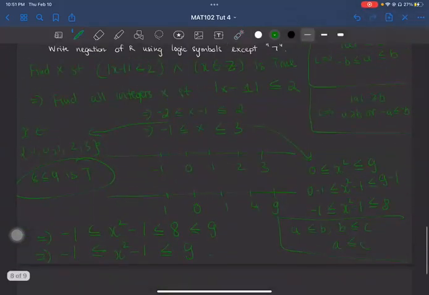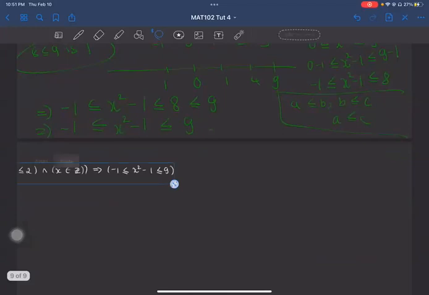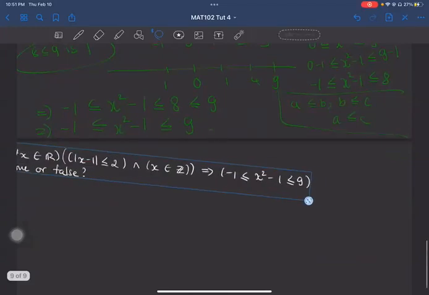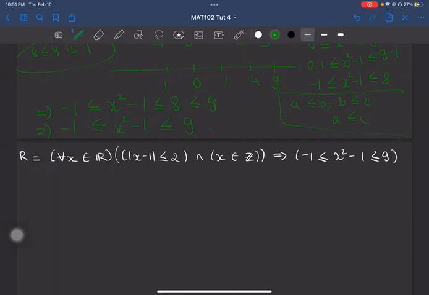And if you write it in logic symbols, let me copy it down. I will negate each part.